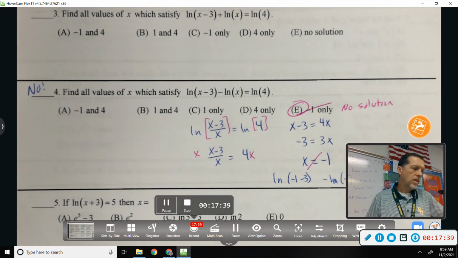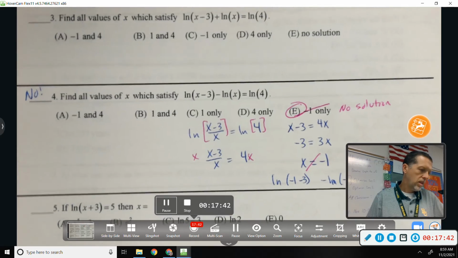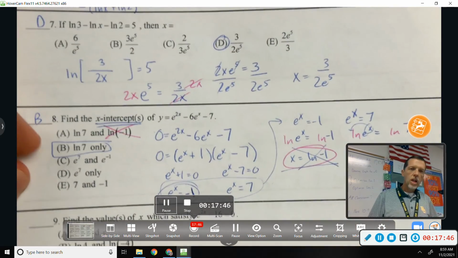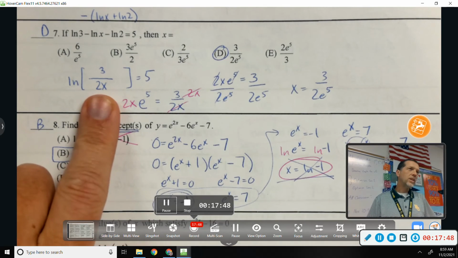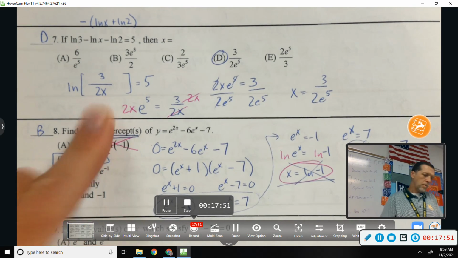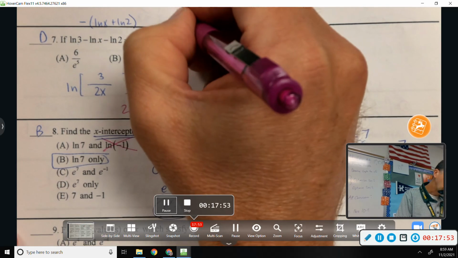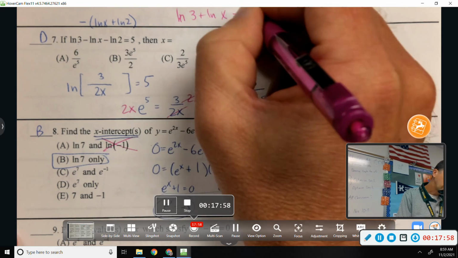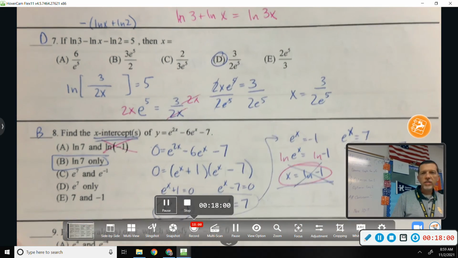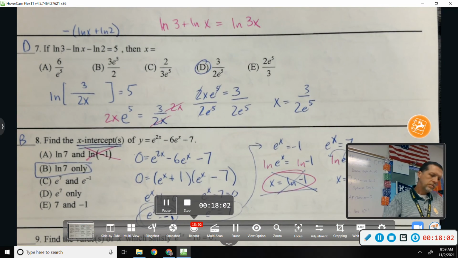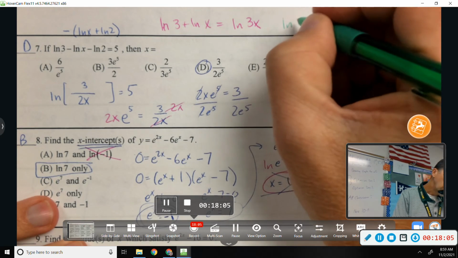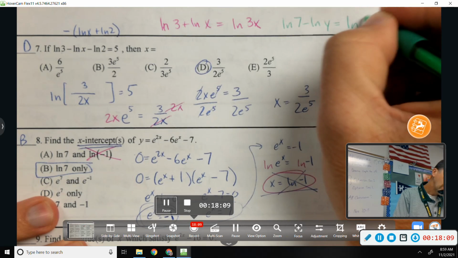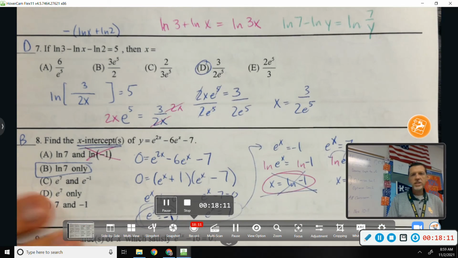On 7, can you just explain? The condensing down to 1, that's the property that the natural log of 3 plus the natural log of x is the natural log of 3x, and the natural log of 7 minus the natural log of y is the natural log of 7 over y.